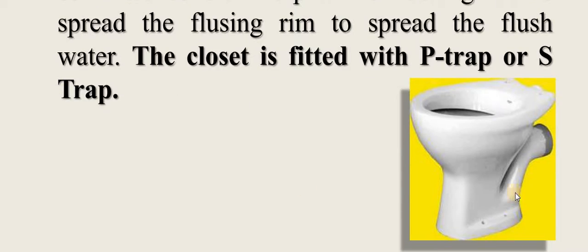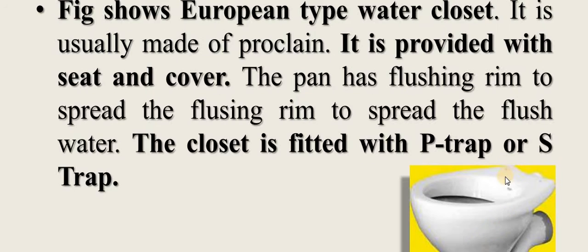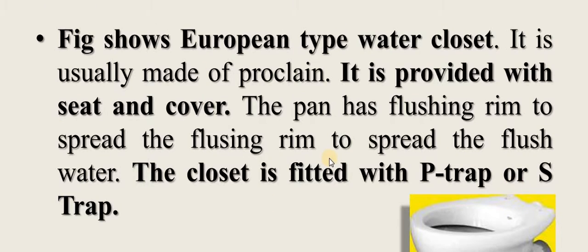As you can see, the trap is fitted with the seat, and the flushing system is again fitted inside this European type. The flushing system is not attached to it; you have to attach the flushing system.